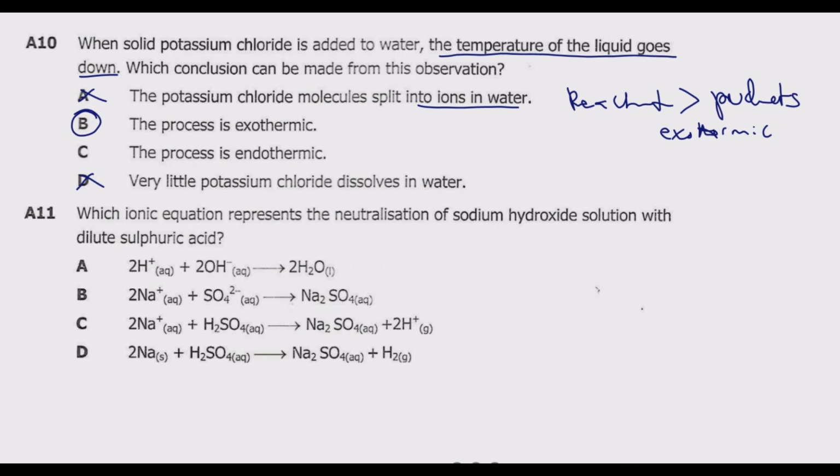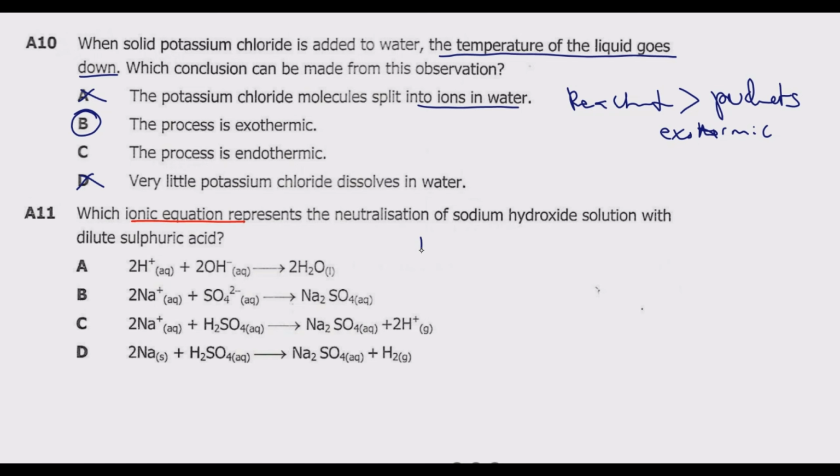Question A11. Which ionic equation represents the neutralization of sodium hydroxide solution with dilute sulfuric acid? So we need to identify which one of these is the correct ionic equation. So what happens when we react sodium hydroxide with sulfuric acid? Let us write this.